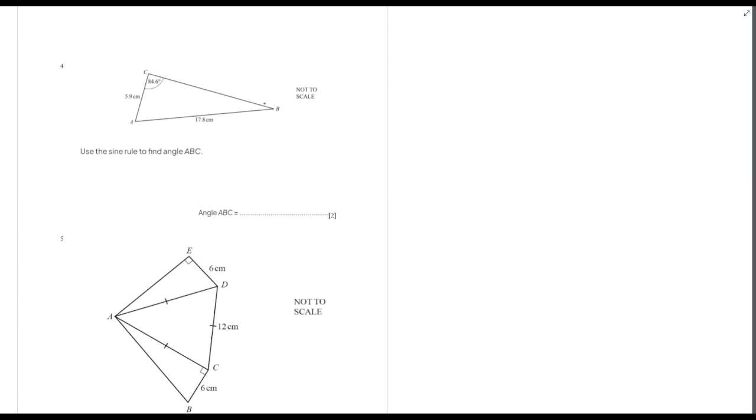Angle ABC, this angle I need to find using sine rule. For sine rule, at least one side and its opposite angle need to be known.